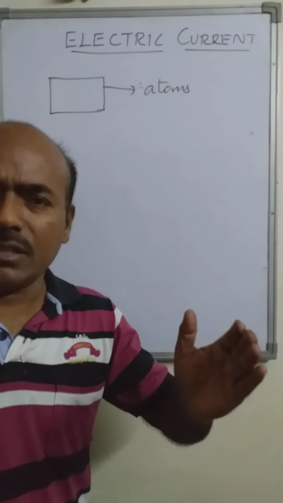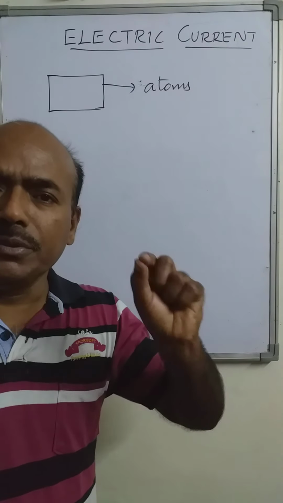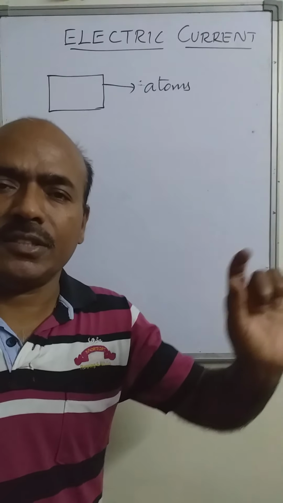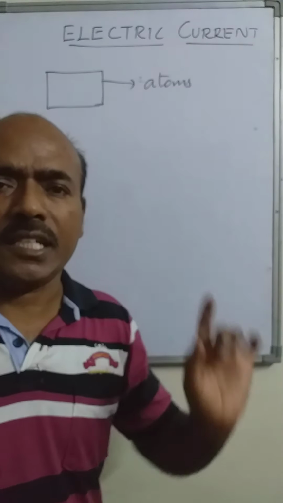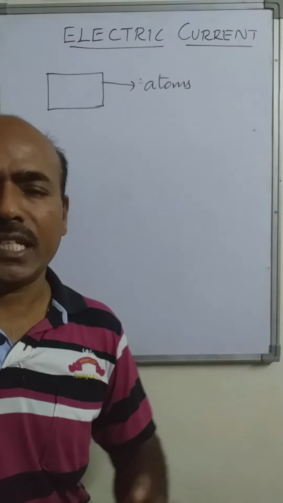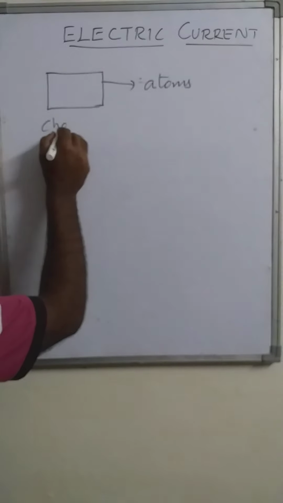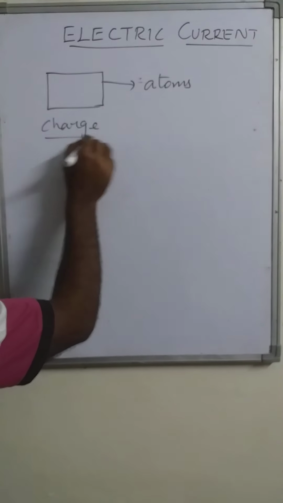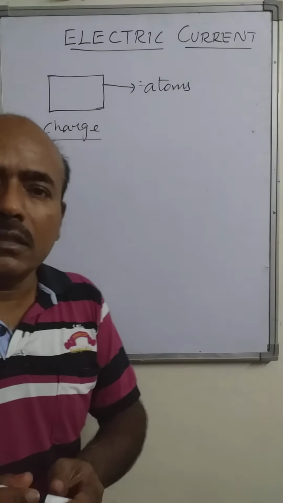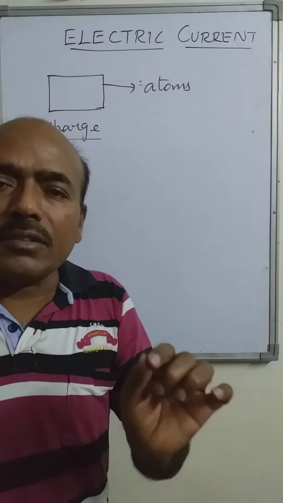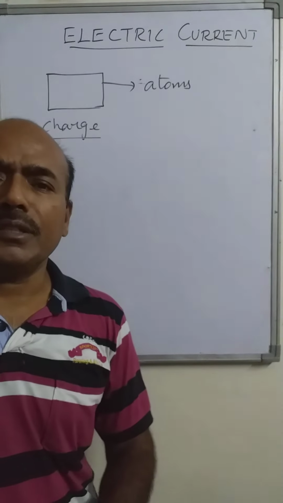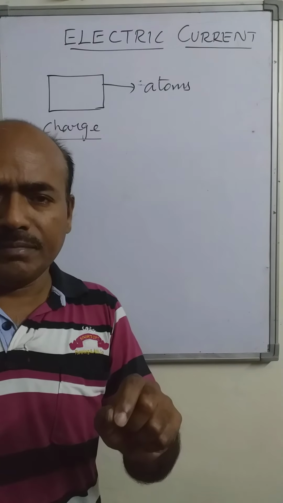In all the things, you use the word negatively charged. Electron is negatively charged, proton is positively charged. Then what actually the charge is? This electron, proton and neutron are present inside the atom.